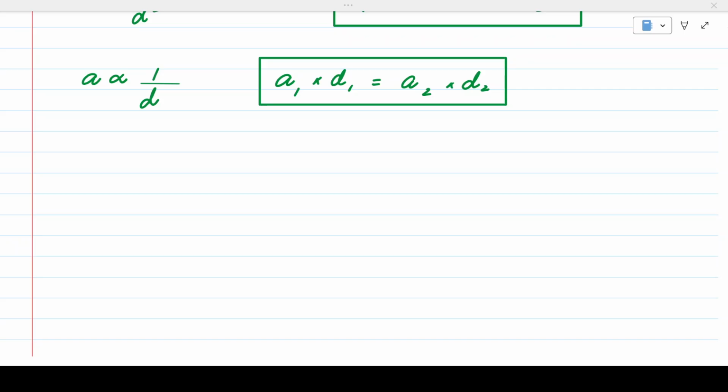This is in accordance with the principle of superposition, which says that when two waves meet at a point, the resultant displacement at a point is equal to the algebraic sum of the individual displacements at that point.